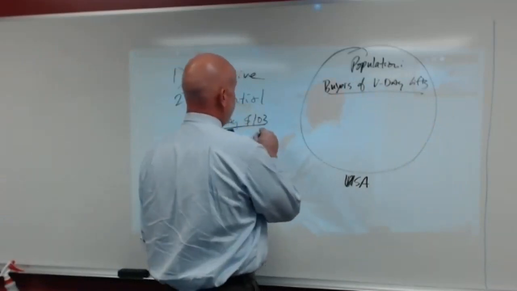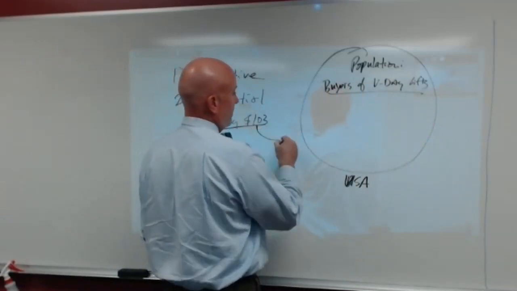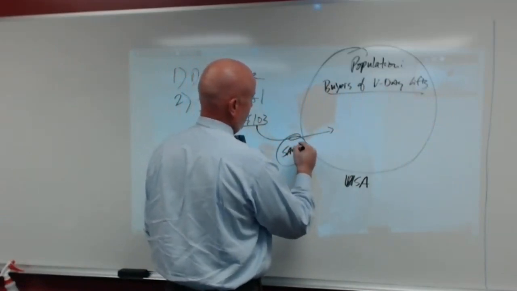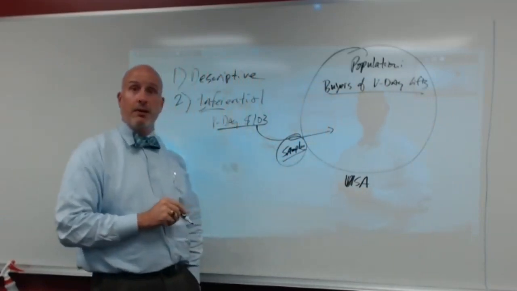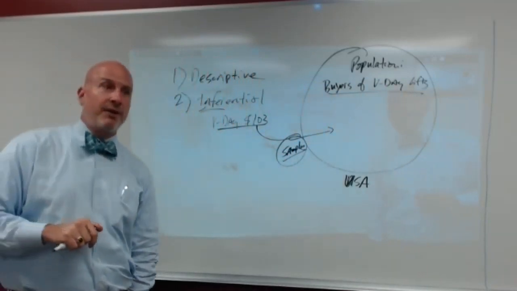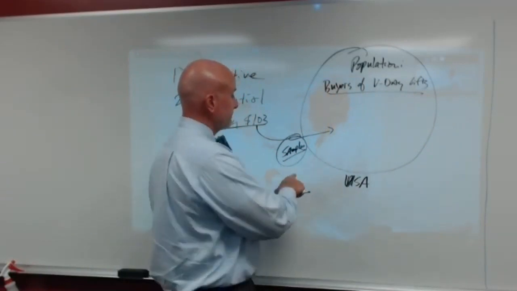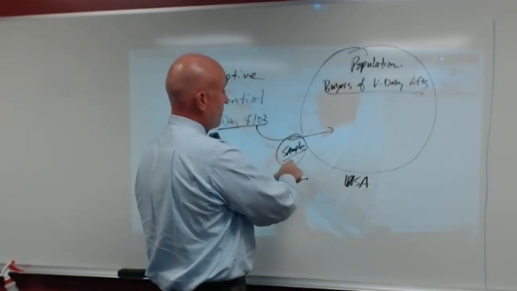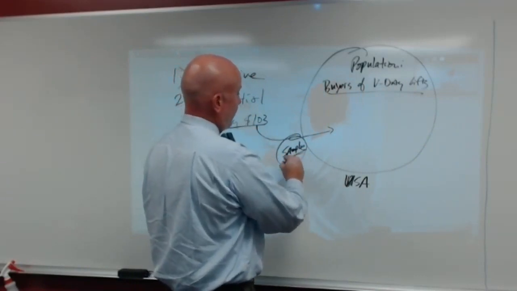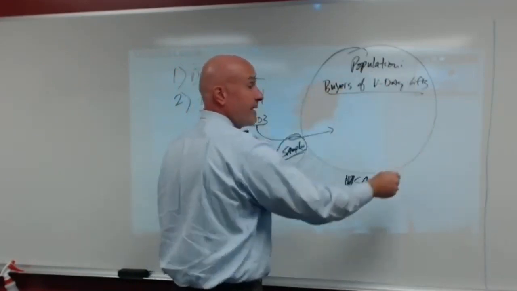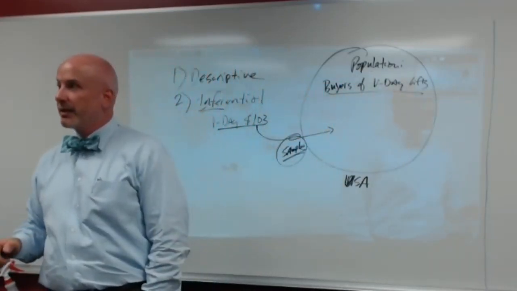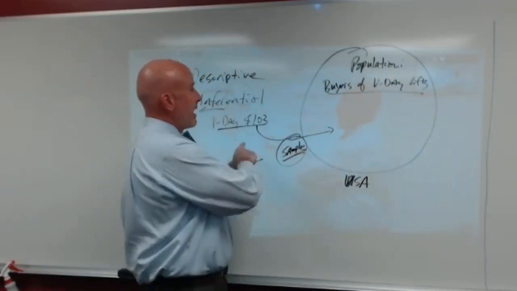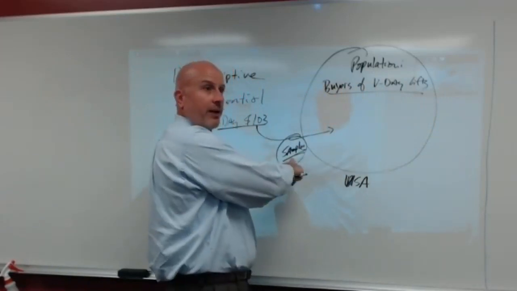So what happens is the statistician comes out here and pulls a sample. Now the sample is a subset of the population. We are going to infer, based off of our sample size, that the remaining portion of the population spent $103. Classic example of inferring.